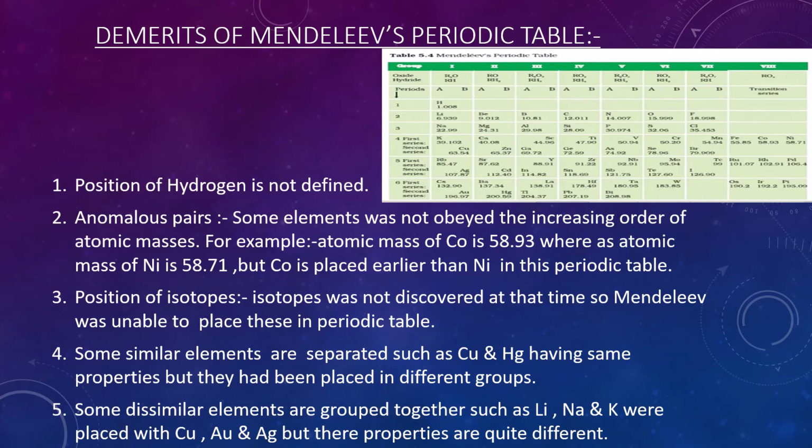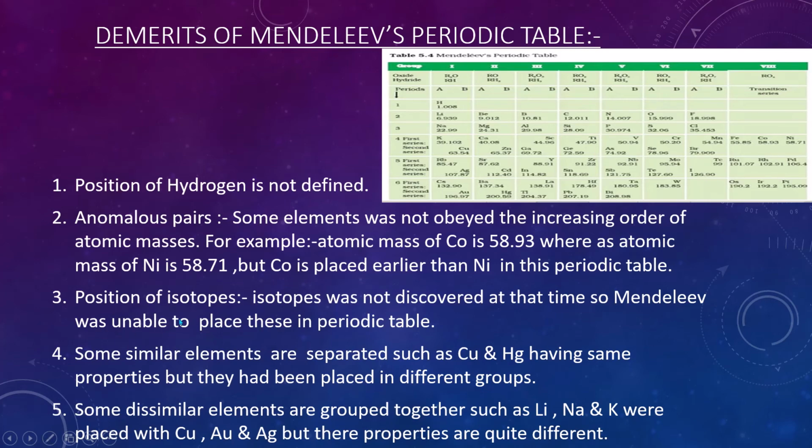But if this periodic table is based on increasing atomic mass, then what happened here? Iron 55.8, cobalt 58.9, nickel 58.7. The atomic mass of nickel is less than cobalt, but nickel is placed after cobalt. Why? The reason is not given by Mendeleev.